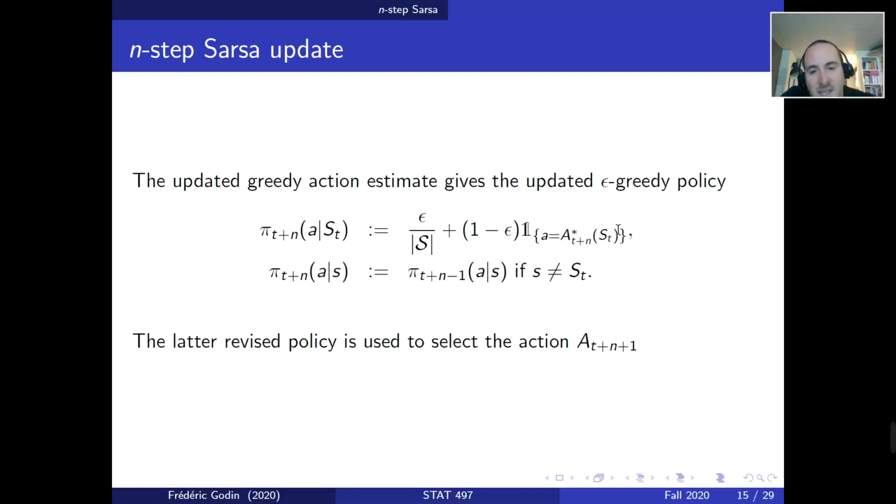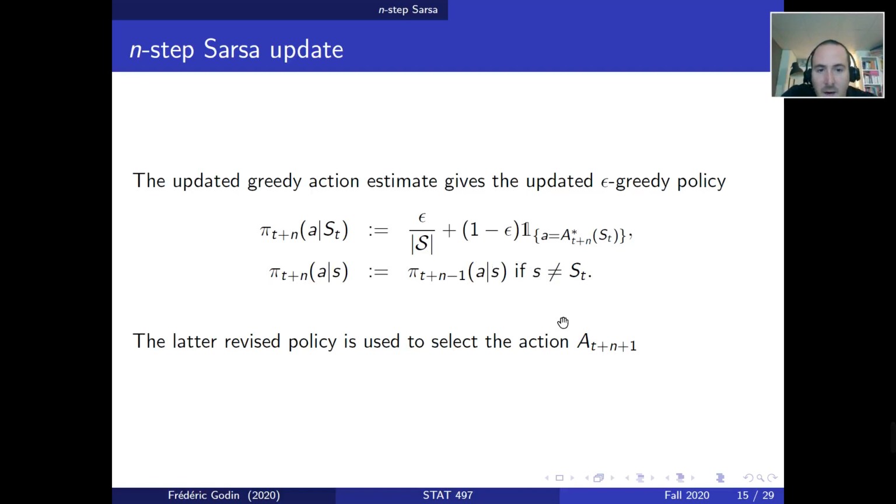So basically this says that for the greedy action, the probability of selecting this action through our epsilon greedy policy is the probability to explore and pick that greedy action, plus the probability to simply select the greedy action directly associated with 1 minus epsilon.